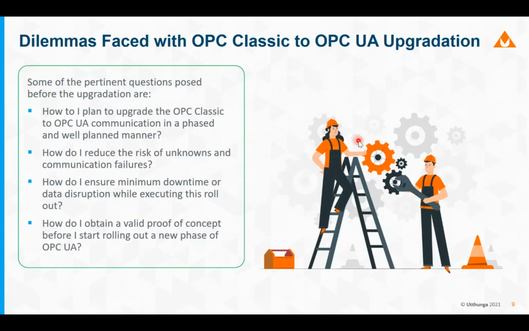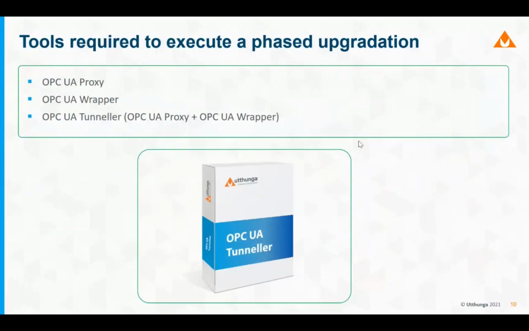So now we'll look into how we answer these questions in the next slides. The tools required for this are OPC UA Proxy, OPC UA Wrapper, and OPC UA Tunneler, which is nothing but OPC UA Proxy and OPC UA Wrapper coming together. Now we'll understand each of them one by one.